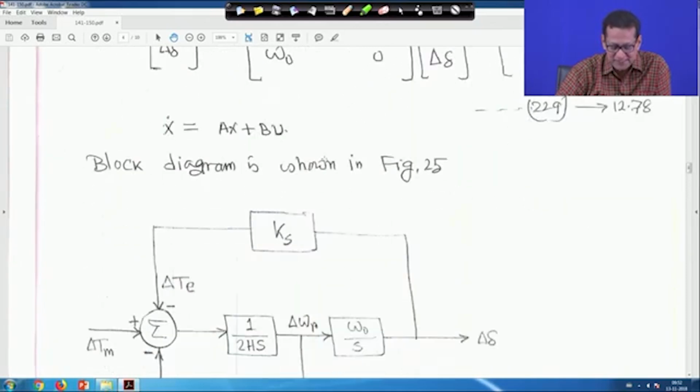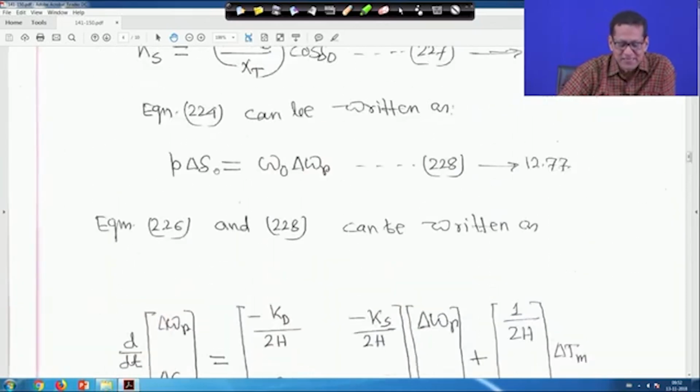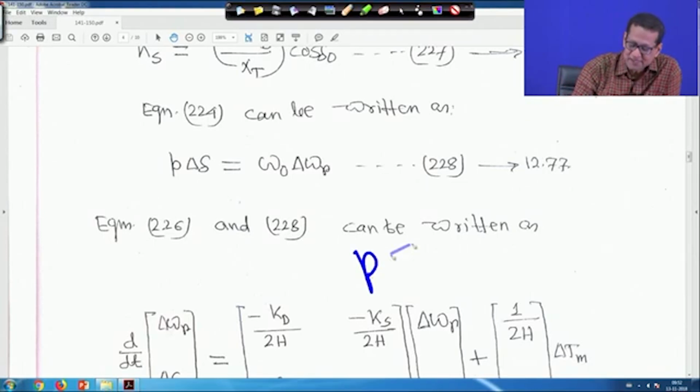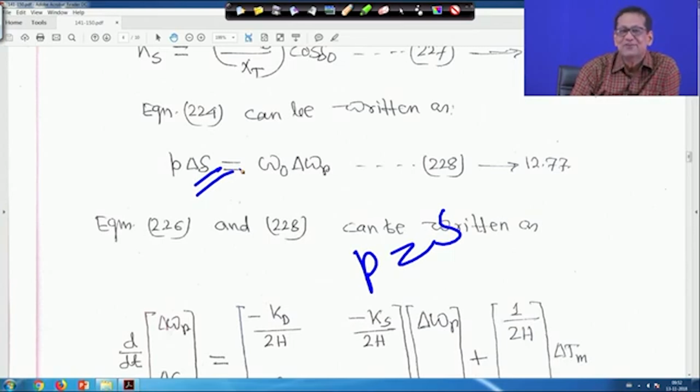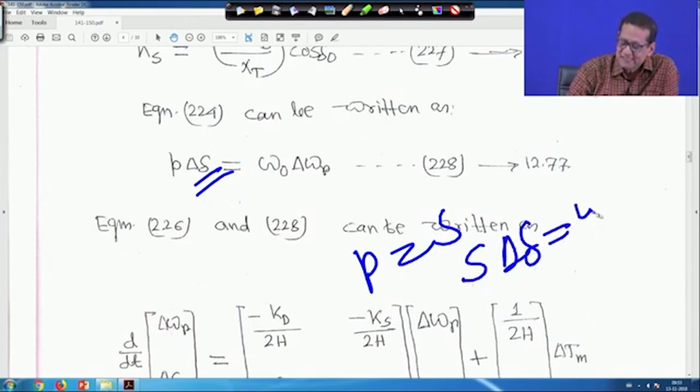When you go to the Laplace transform, P is replaced by S. Only P is replaced by S, so we are not writing delta of S explicitly; it is understandable. So, S delta is equal to omega 0 delta omega r.